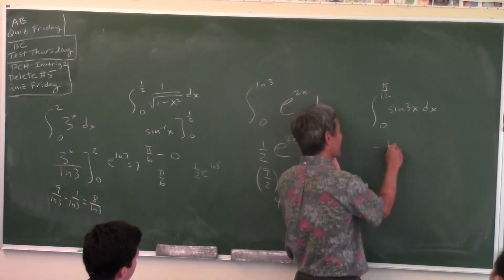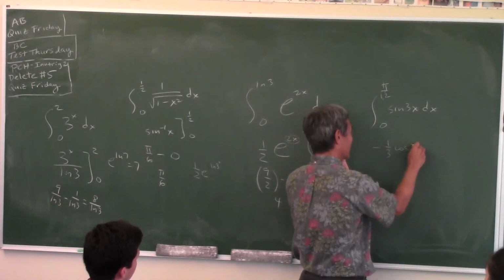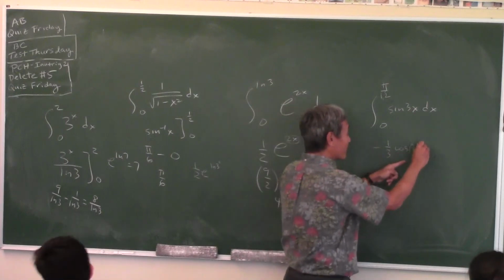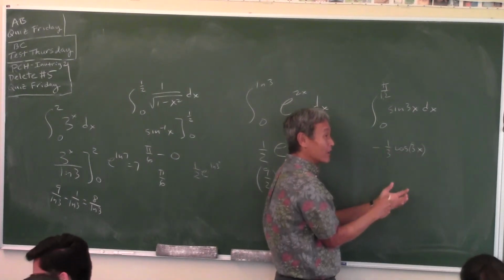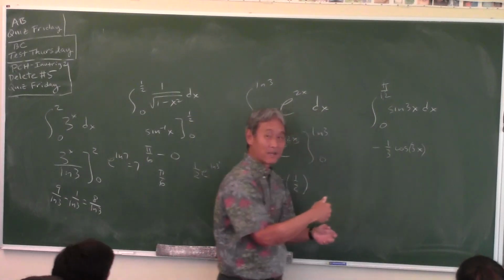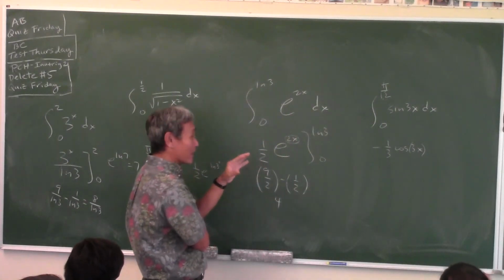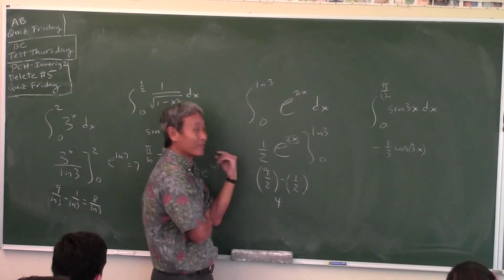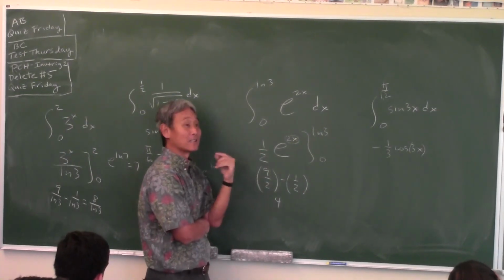Negative 1/3 cosine 3x. Where did the 1/3 come from? Because the derivative of the box is 3. So when you multiply by the derivative of box 3, you need a 1/3 to cancel it out. Oh, I get it, Mr. Park. So whenever the derivative of the box is like 5, you need a 1/5 to cancel it out. Yeah, exactly.